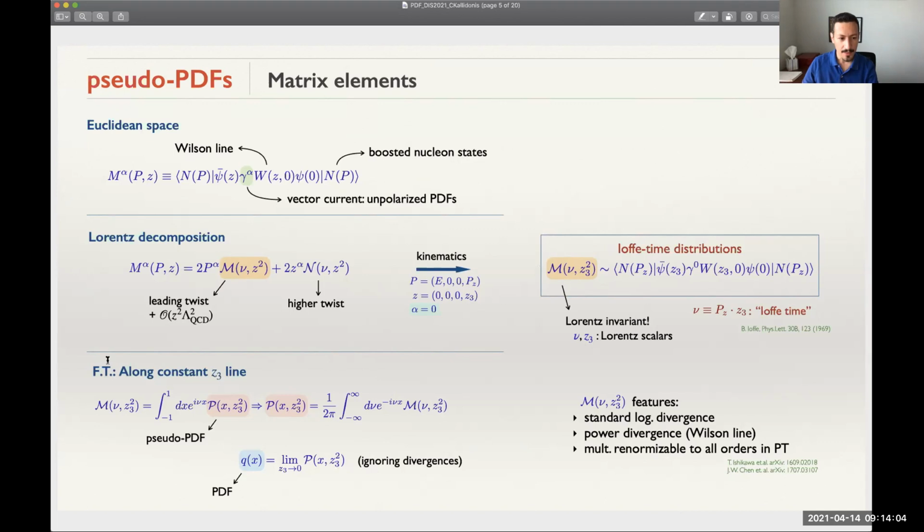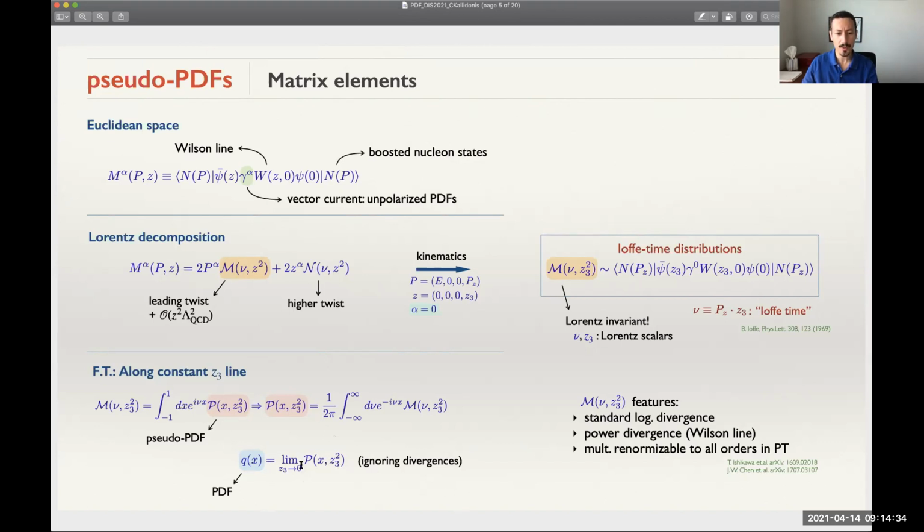Now, in the pseudo-PDF approach, one would perform a Fourier transform along the constant z3 line, which will give access to the so-called pseudo-PDF, which can be considered as a generalization of the actual PDF at non-zero light cone distances. And then by taking the z3 going to 0 limit, one would get the PDF.